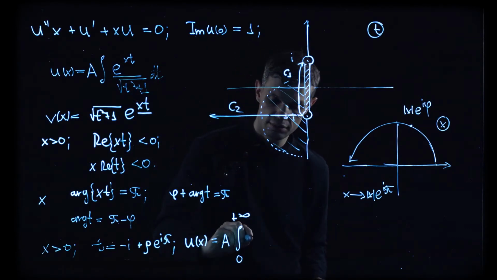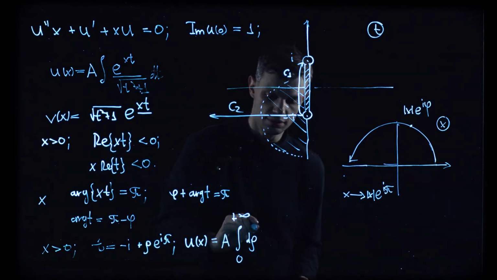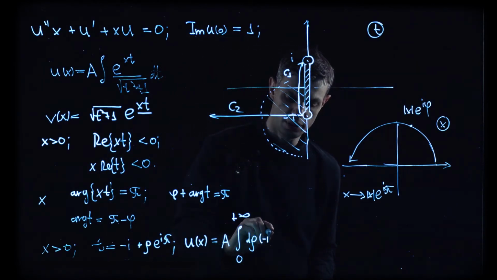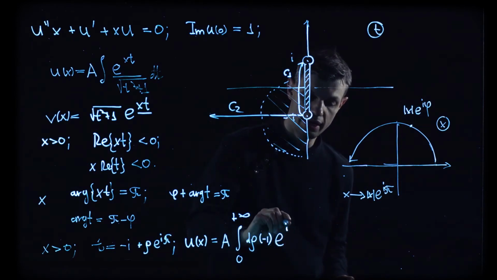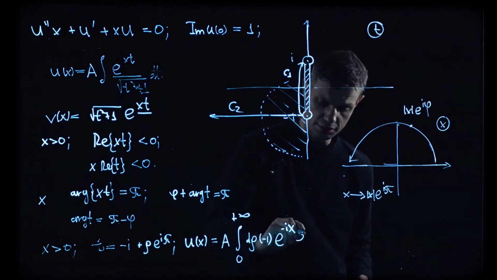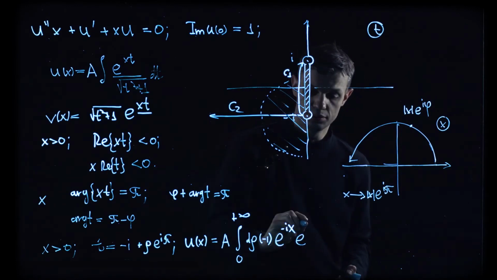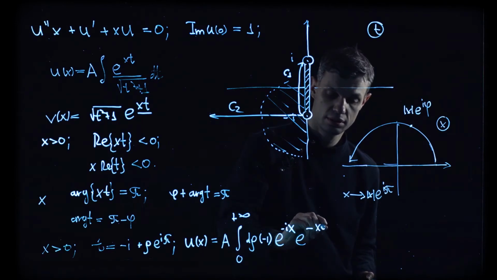dt is equal to e to the i pi d rho, which is basically minus 1. And here we have e to the minus ix, times e to the minus x rho.